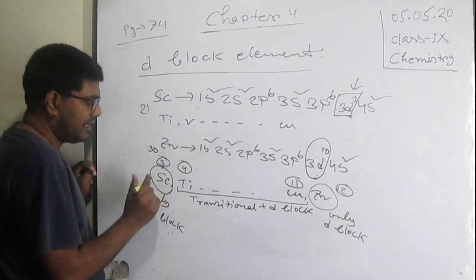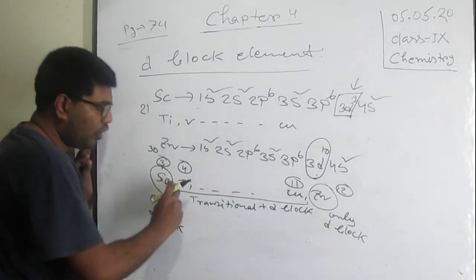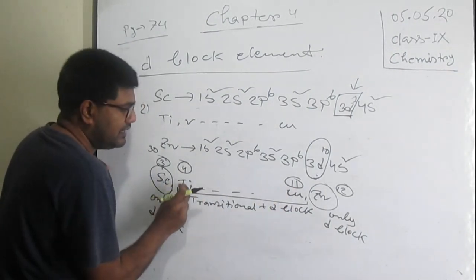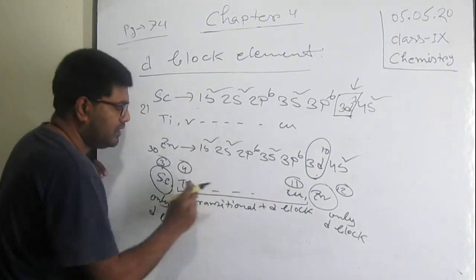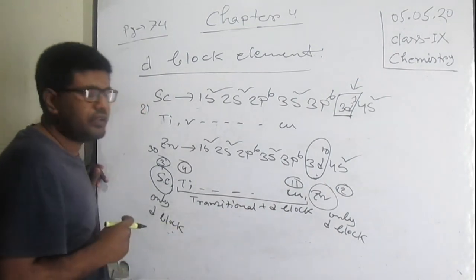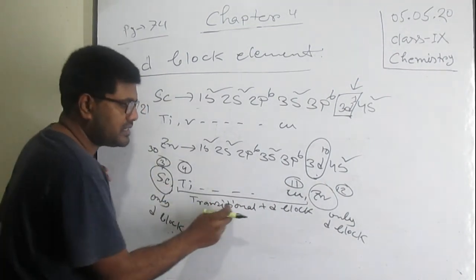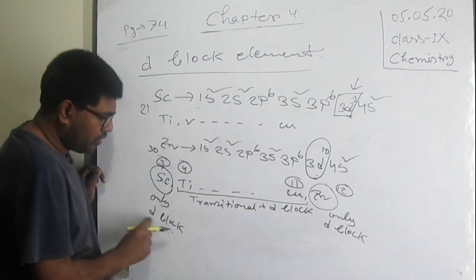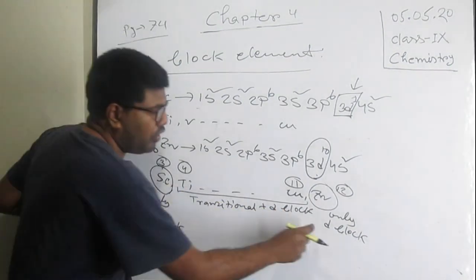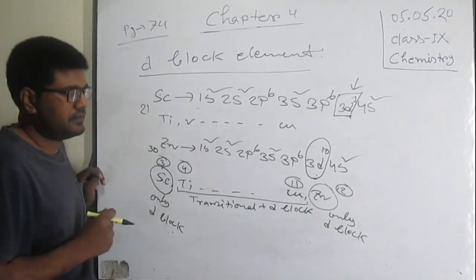All d block elements like scandium are not transitional, but all transitional elements like titanium to copper are transitional plus d block elements. So all transitional elements are d block, but all d block are not transitional. So we should learn these things.